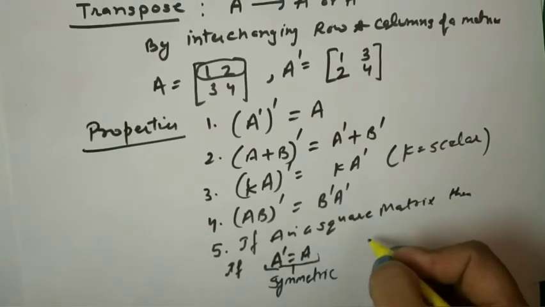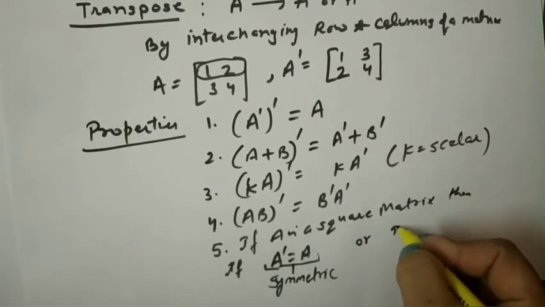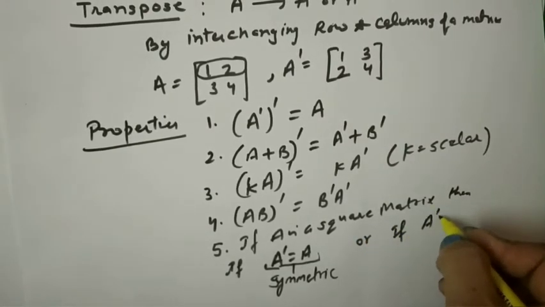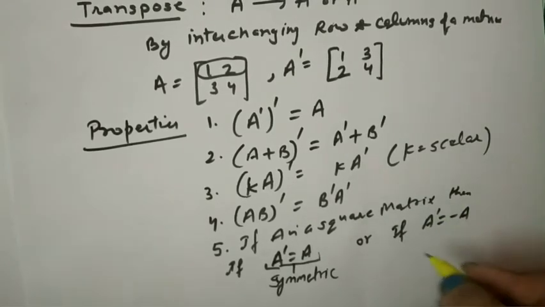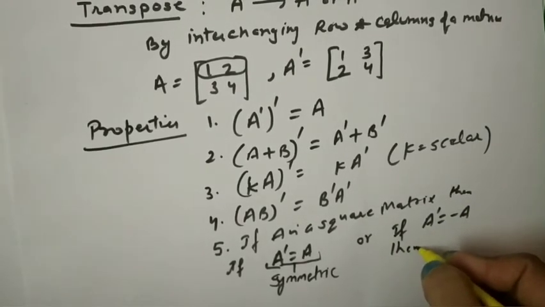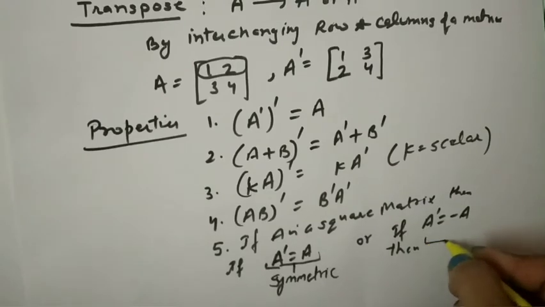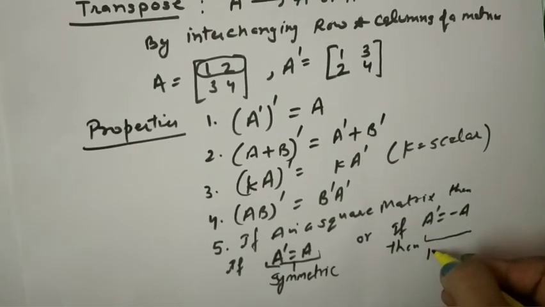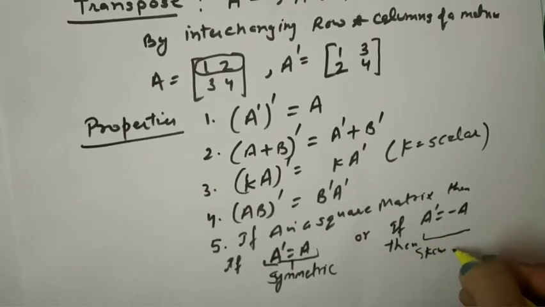And if A transpose is minus A, then the matrix is called skew symmetric.